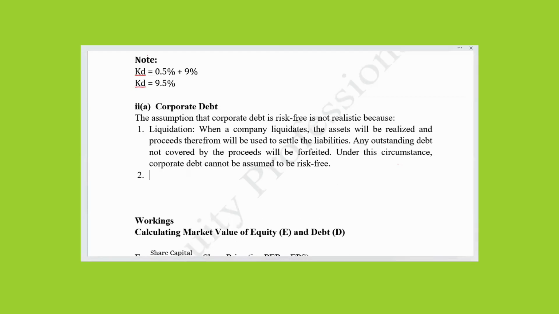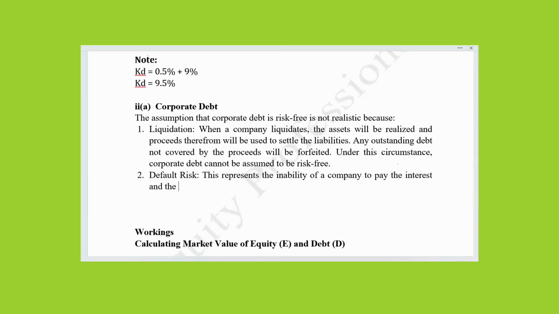All right. Then number 2 is what we call default risk. Default risk represents the inability of a company to pay the interest and the principal.